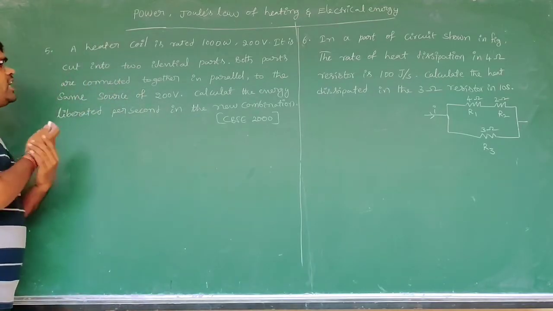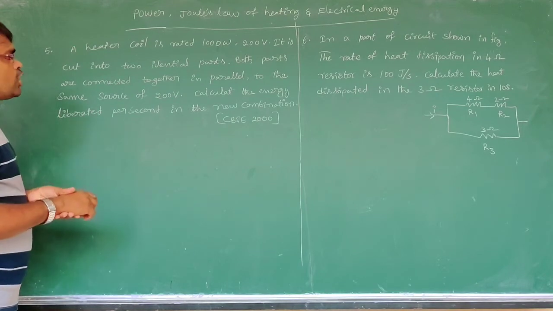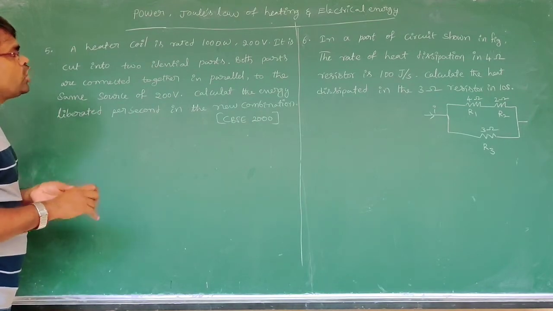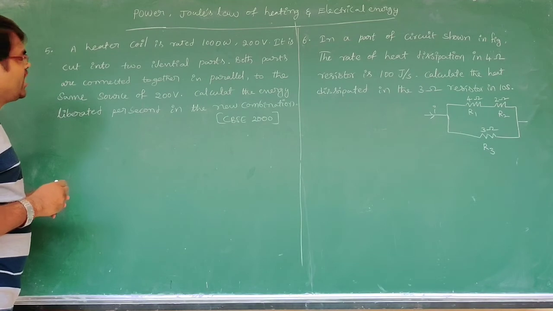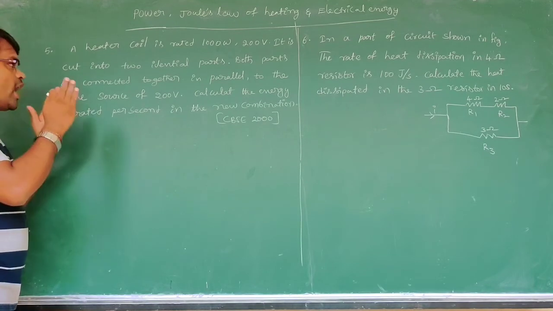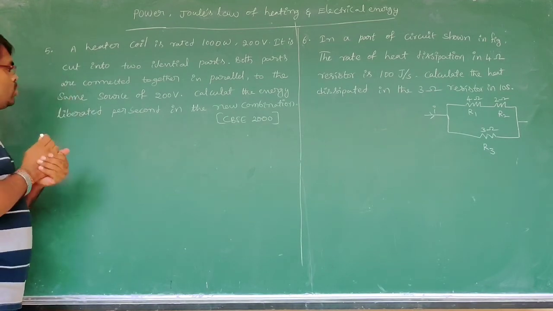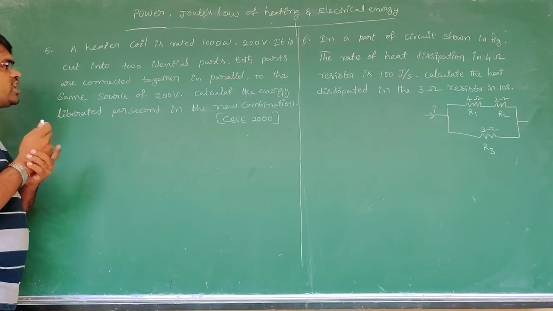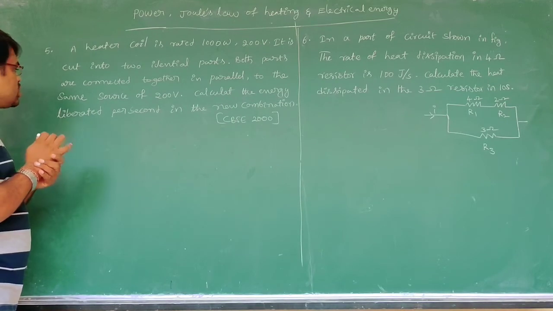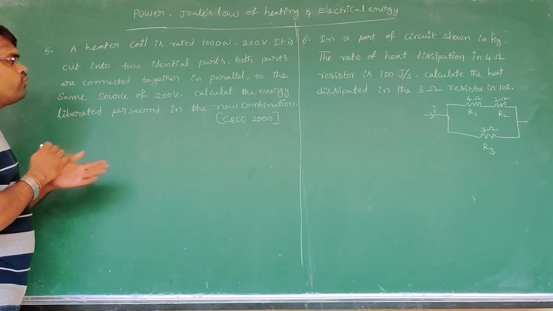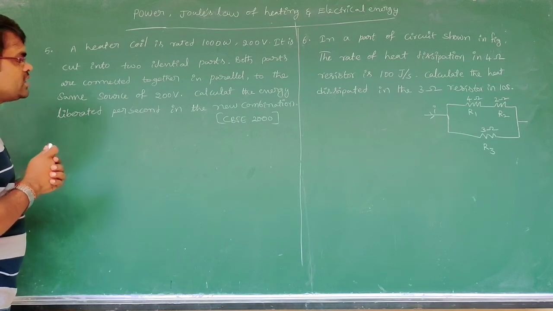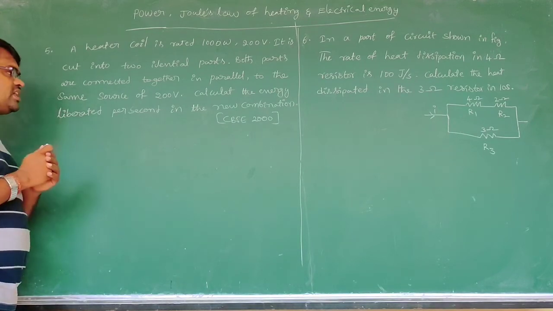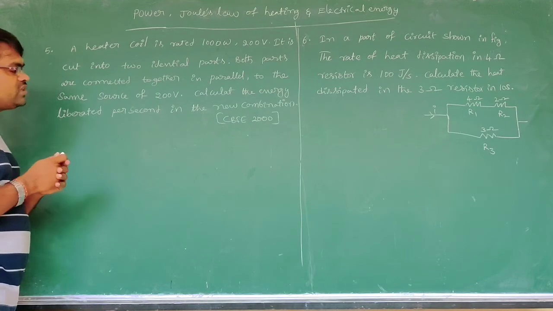A heater coil is rated 1000 watts, 200 volt. It is cut into two identical parts. Both parts are connected together in parallel to the same source of 200 volts. Calculate the energy liberated per second in the new combination.